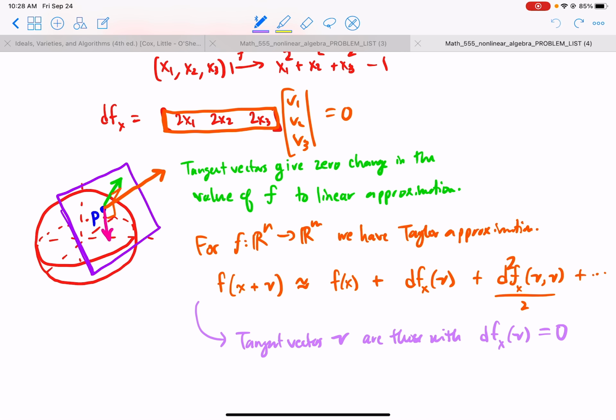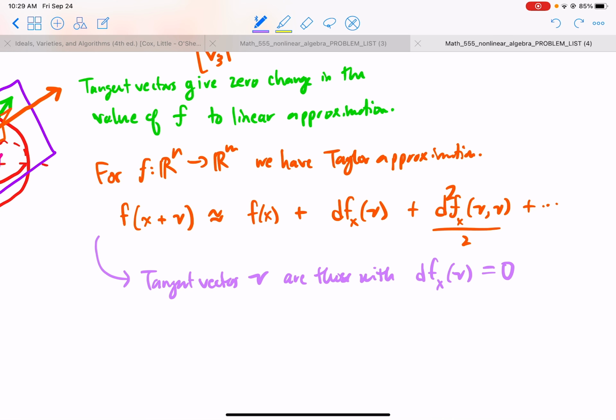Its kernel is 2-dimensional, and that is exactly the 2-dimensional tangent space. Okay. Because if dfx is 0, then f of x plus v is approximately f of x plus 0. No change. The function value stays exactly how it was to linear approximation.